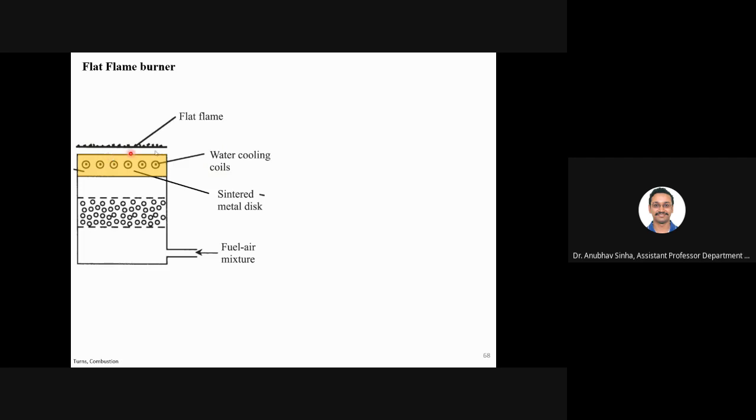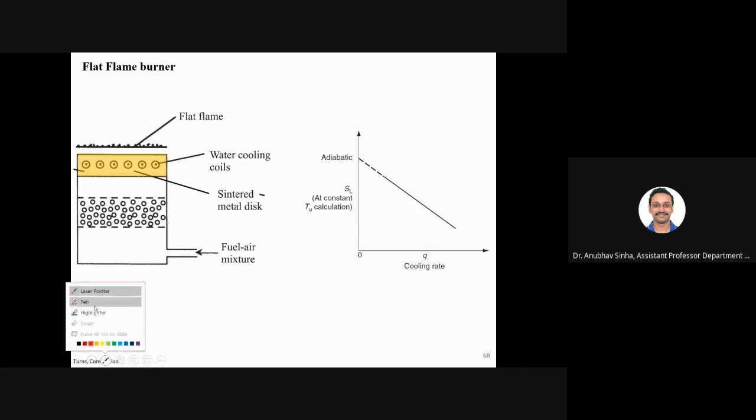Now, another interesting use of water is that generally when we talk about flame speed, we talk about an adiabatic flame. We don't consider heat loss. So what we do here is we change the cooling rate. At this cooling rate, I measure some flame speed.